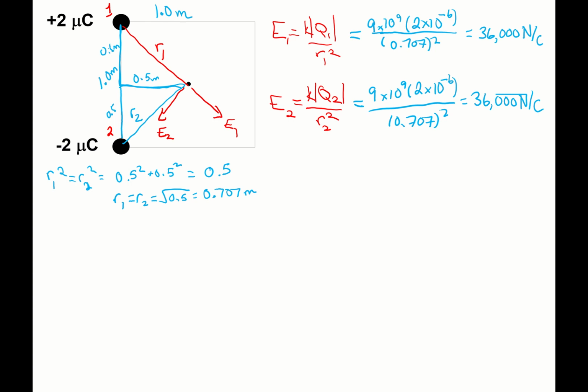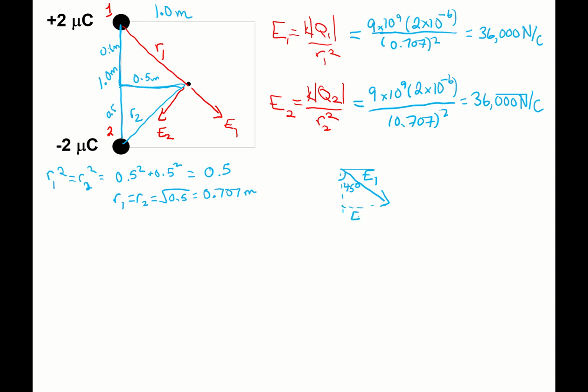So we've got our arrows, we've got our magnitudes. Next thing we do is the X and Y components of each one. If I draw a picture of E1, it's going down towards the bottom right, and it's on the diagonal, so this angle is half of 90 degrees, 45 degrees.